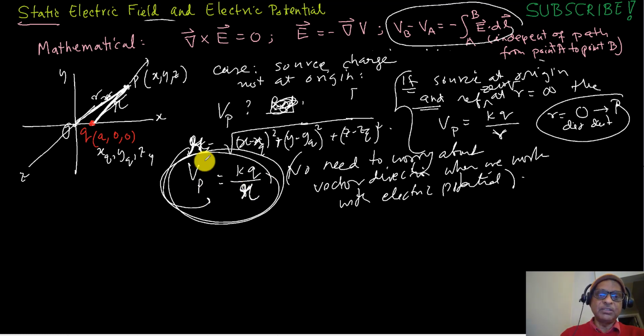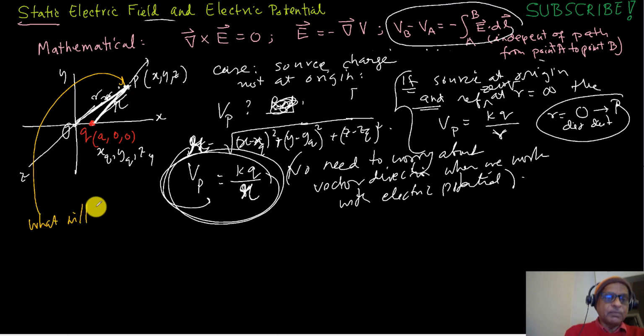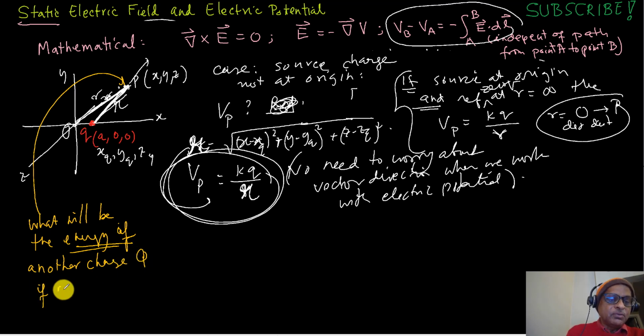So if the potential was this over here, what will be the energy of another charge q if we place this charge q at P?